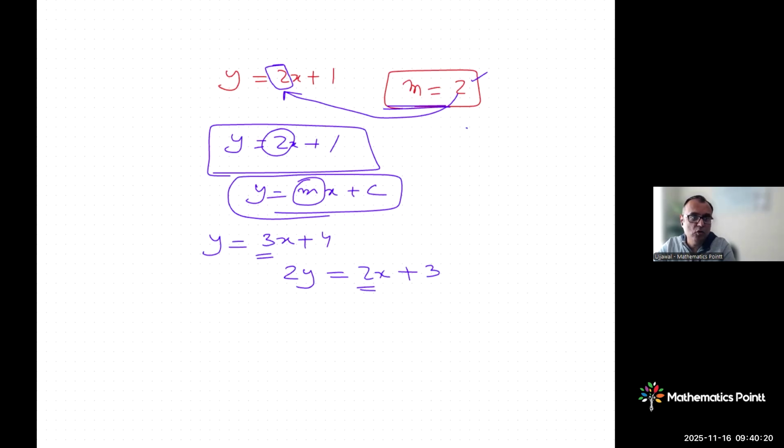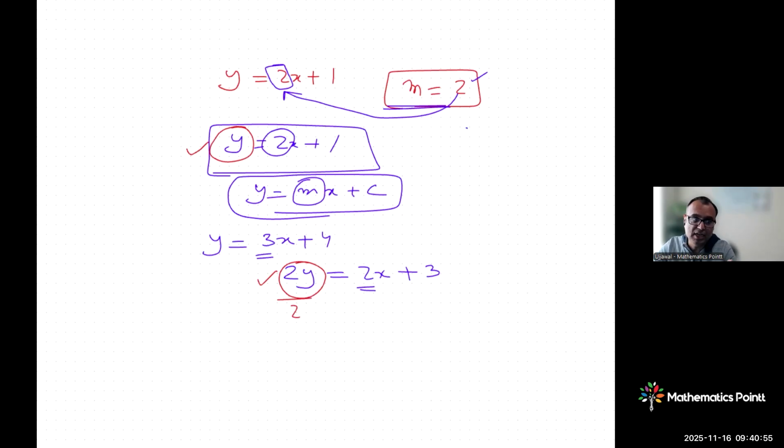Why? Because if you look at this equation here and this equation here, the difference is that this equation had y without any coefficient. There is no number. That means it's just 1. But here, y's got 2. So I need to get rid of this 2 in order to find the slope. So what I need to do, coming back to the linear equation, leave me alone strategy, I divide this by 2.